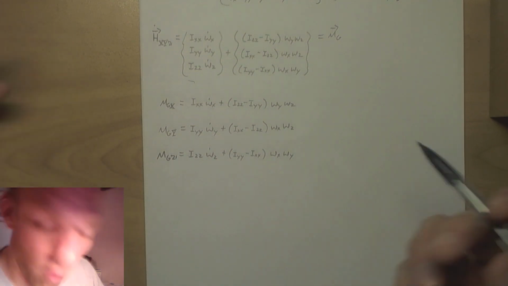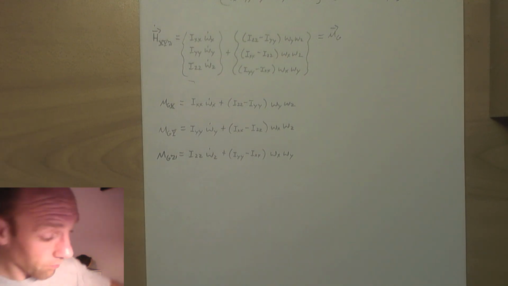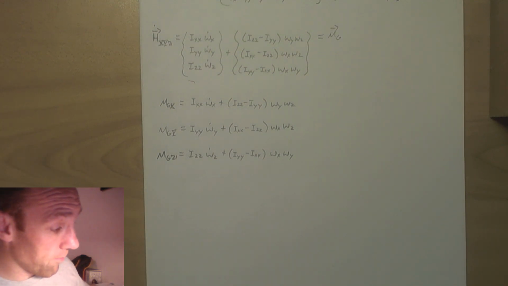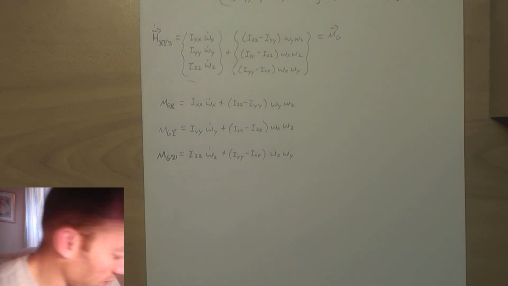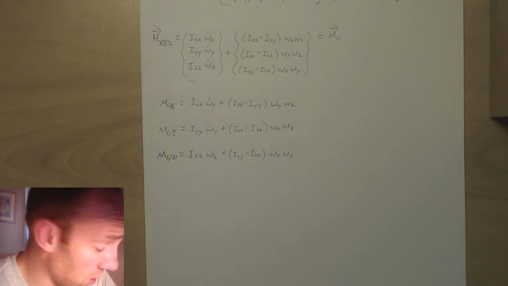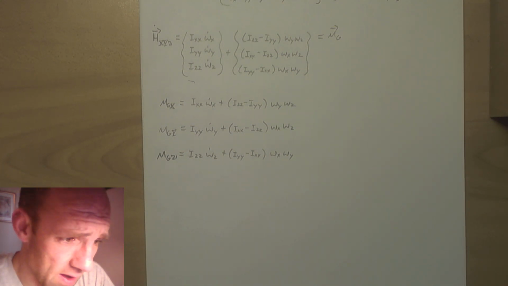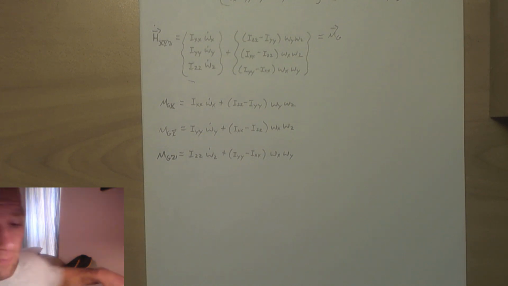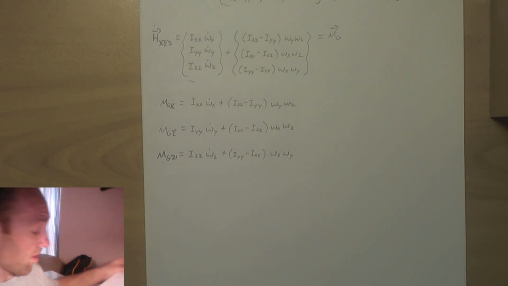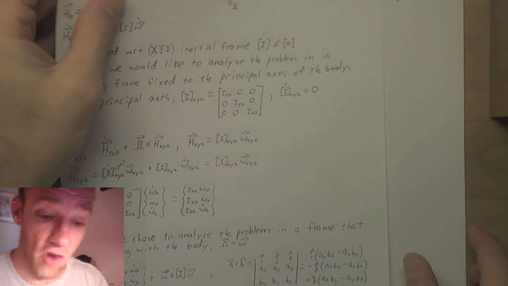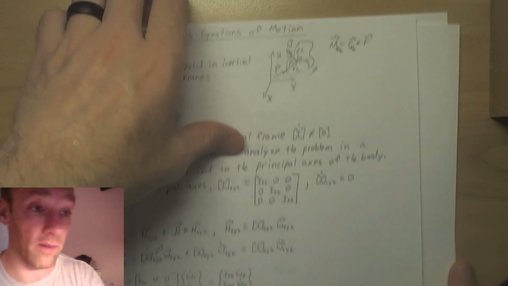In general, we solve these on a computer. However, we're going to make some simplifications. So we went through this and we've been talking about the general motion of a 3D object.